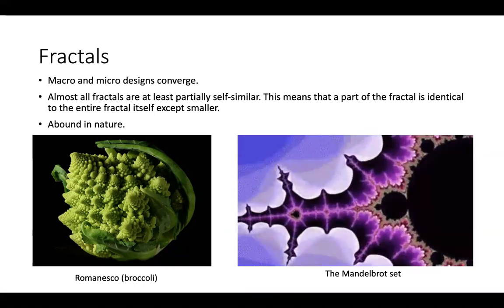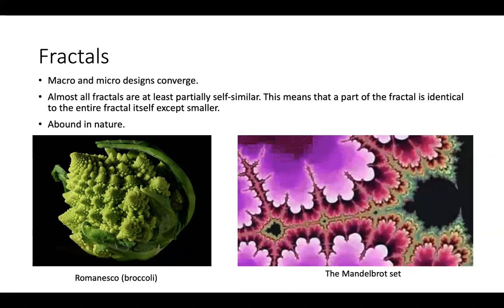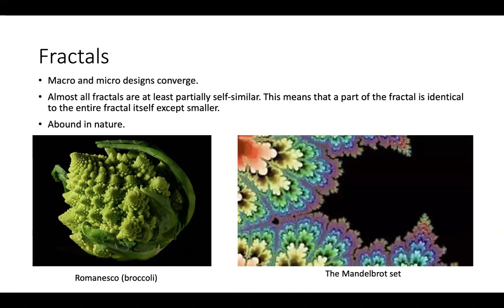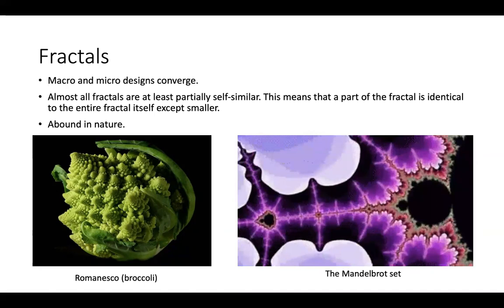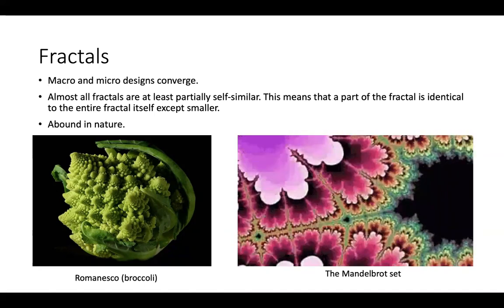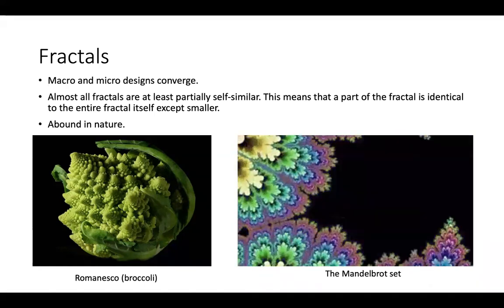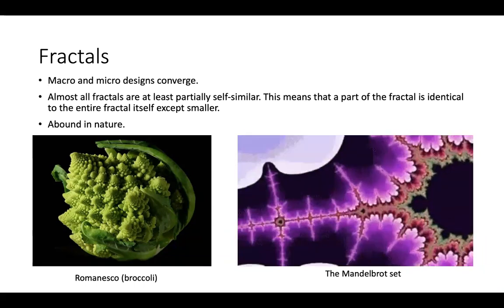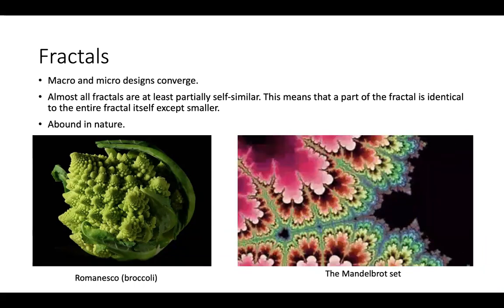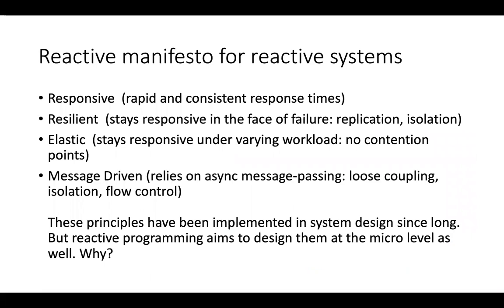The design is the same, and only in terms of complexity it is different. If you magnify one part of the fractal, you will find the same pattern. Similarly, in this design, what we are talking about, responsive, resilience, elastic, message driven, all of these have been implemented in system design. But reactive programming takes all of these things to the micro level by using streams.